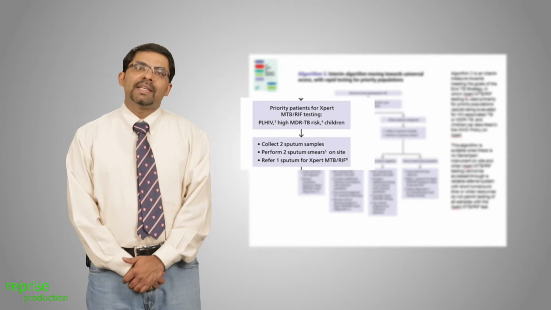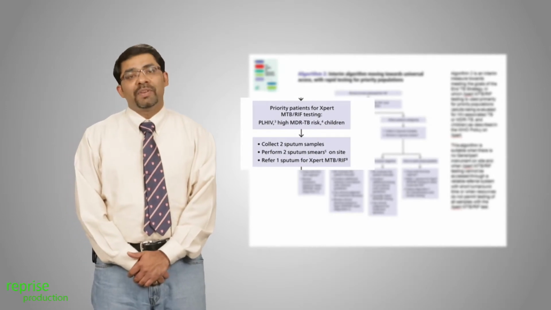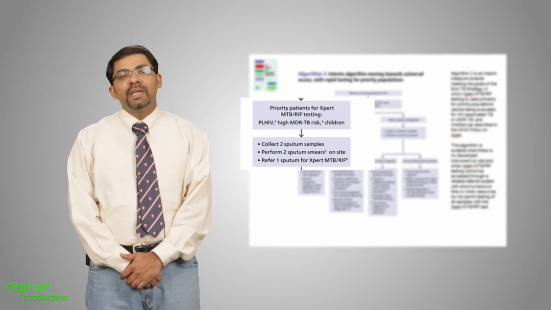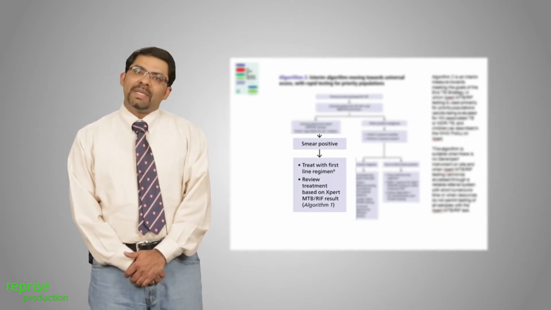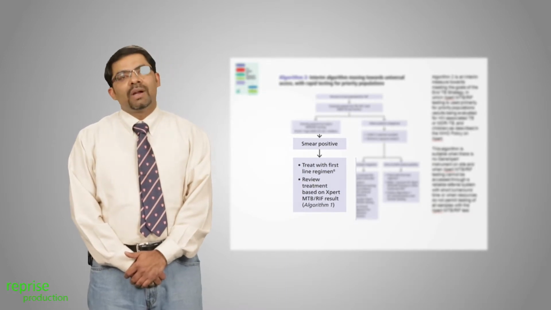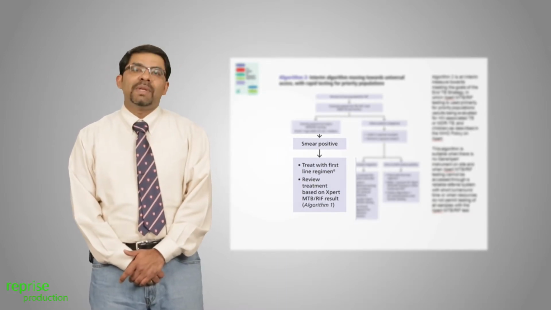However, although the GeneXpert based algorithm would be ideal to use, it's not always available or accessible or affordable. In that situation, the guidelines recommend that one could begin with sputum smears as the initial start point, preferably with a chest X-ray at the same time. If the sputum smear is positive, then that immediately confirms pulmonary tuberculosis, but it does not tell us whether the patient has MDR or not.